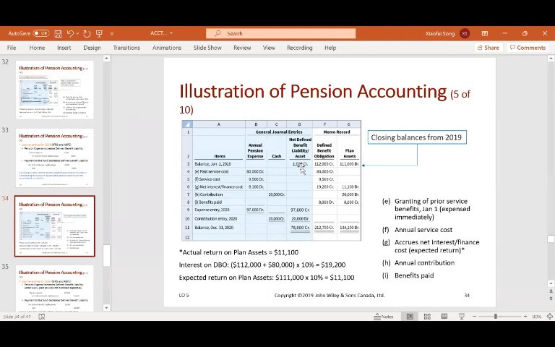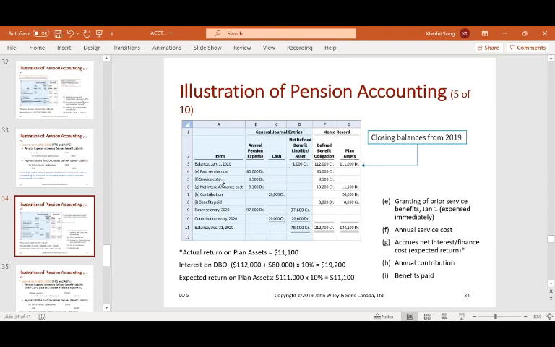I think there are different groups in staff as well. I think there's a group for engineers. So they have different plans, but from the company's perspective, they just put everything together, right? So the plans are underfunded. There's a deficit of $1,000.